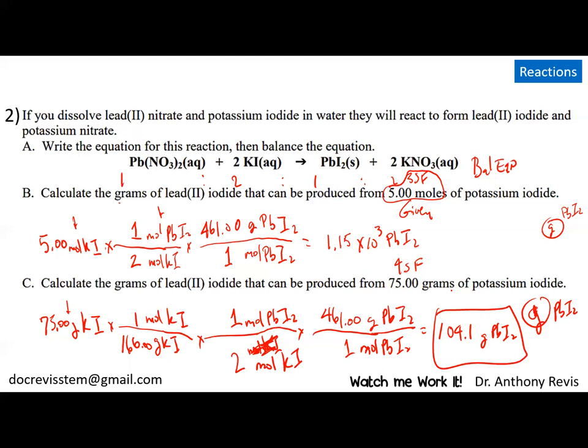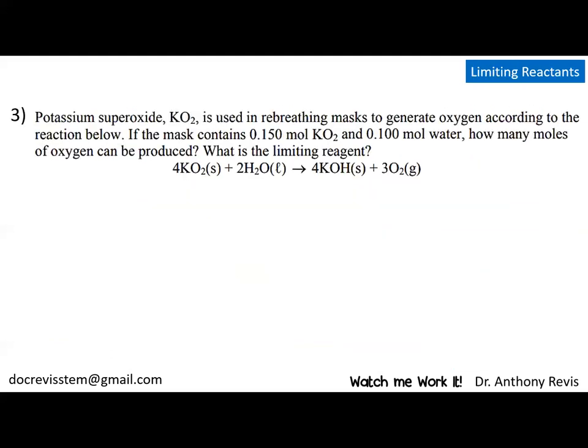Let's do another one where we're specifically looking for the limiting reactant. You know, the limiting reactant is the one that makes the reaction stop. It runs out first, can't get past that amount. It limits it. So let's do this one. Potassium superoxide is used in rebreathing masks to generate oxygen according to the following reaction.